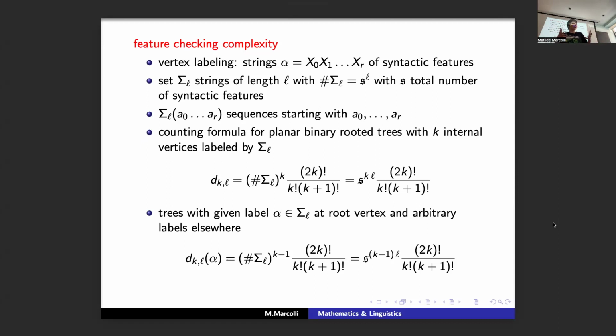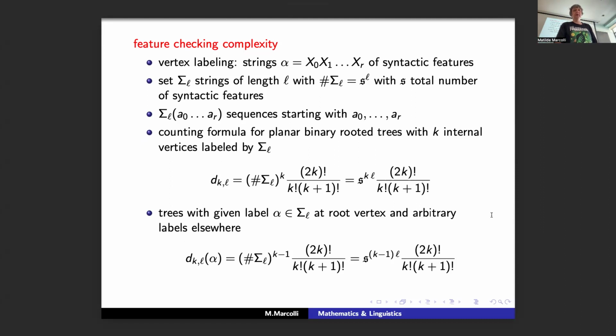Among these you have to check which ones have a good matching of labels. For example, if you want to do an internal merge, you want to check among all these possible trees which ones have matching pairs, so the labeling of the root has a corresponding labeling of one of the substructures that will allow you to do the merge.